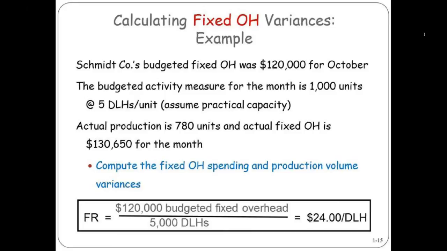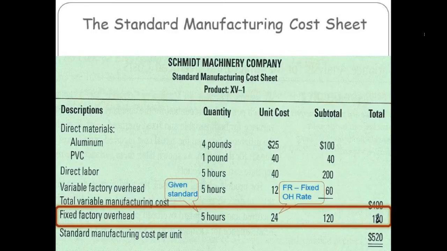So they use the budget of 5,000 hours here, 1,000 units times 5, and they use the budget of $120,000 total cost. So they're expecting $24 per direct labor hour to be their fixed cost that they're going to apply. And this just shows that.